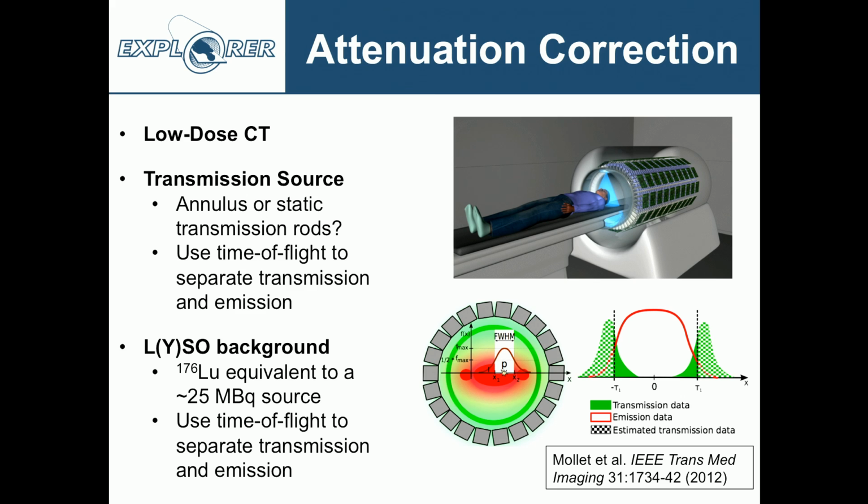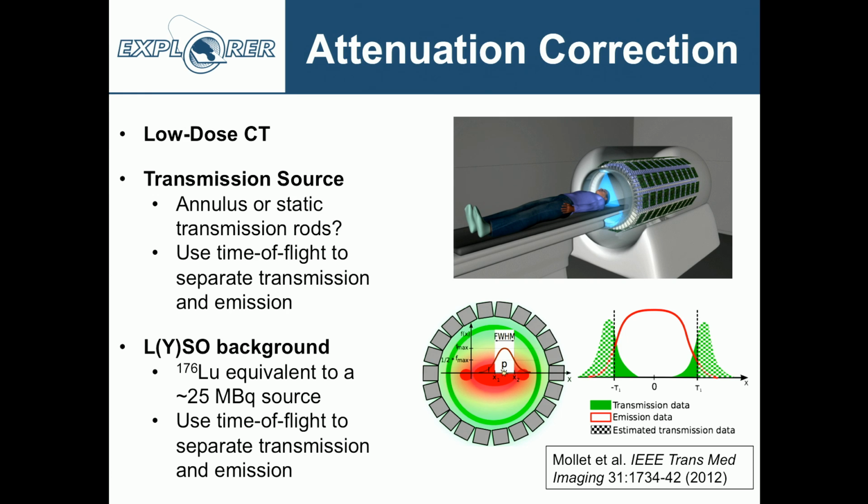And a third thing we're investigating is the fact that the scintillator material that we are proposing to use, and most people currently use, is based on a lutetium compound. And lutetium-176 is part of the lutetium that's naturally occurring, and that itself is radioactive. And so we actually have a radiation source built into the scanner in the detector material.